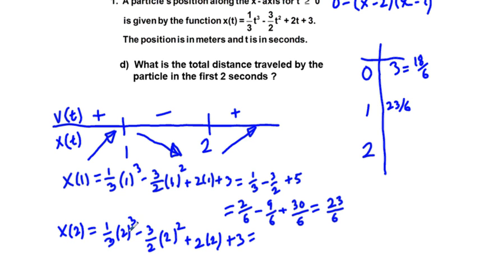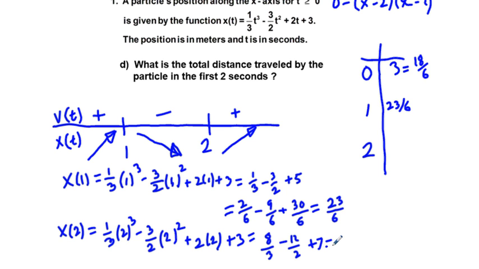And for that, 2 cubed is 8, so we're going to get 8/3. And we're going to have minus, well, 2 squared is 4 times 3 is going to be negative 12 over 2. And then we're going to have plus 2 times 2, which is 4, plus 3, so plus 7.